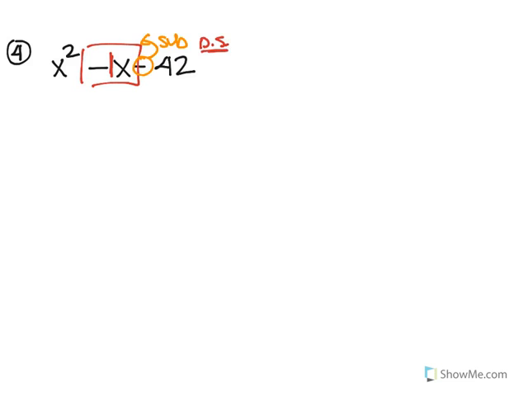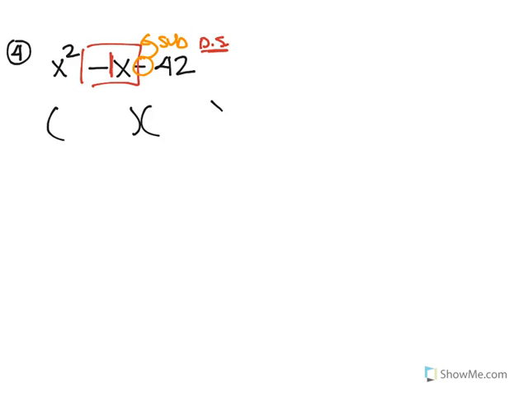Number 4, we have x squared minus x minus 42. So you do know that's the understood negative 1, and that's what we're trying to get, that negative 1. And we are subtracting to get it. And that also means in order to subtract, we've got different signs.